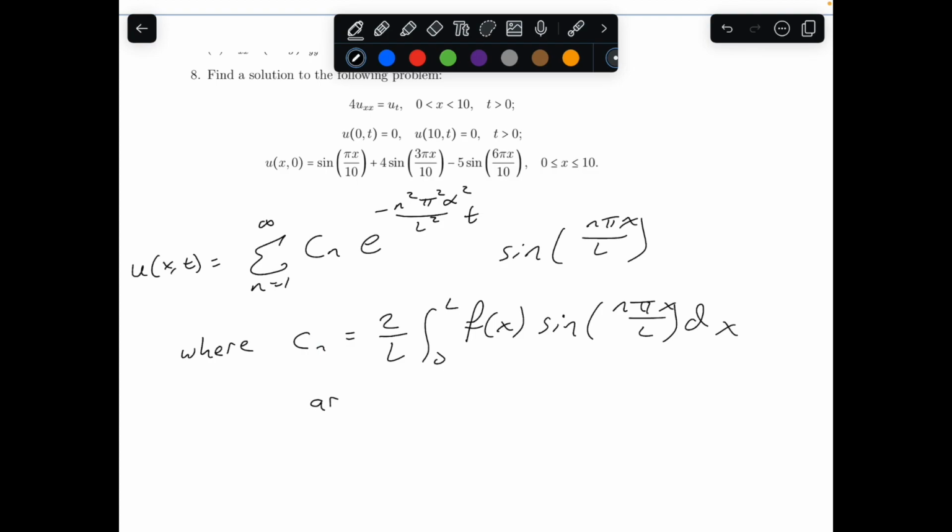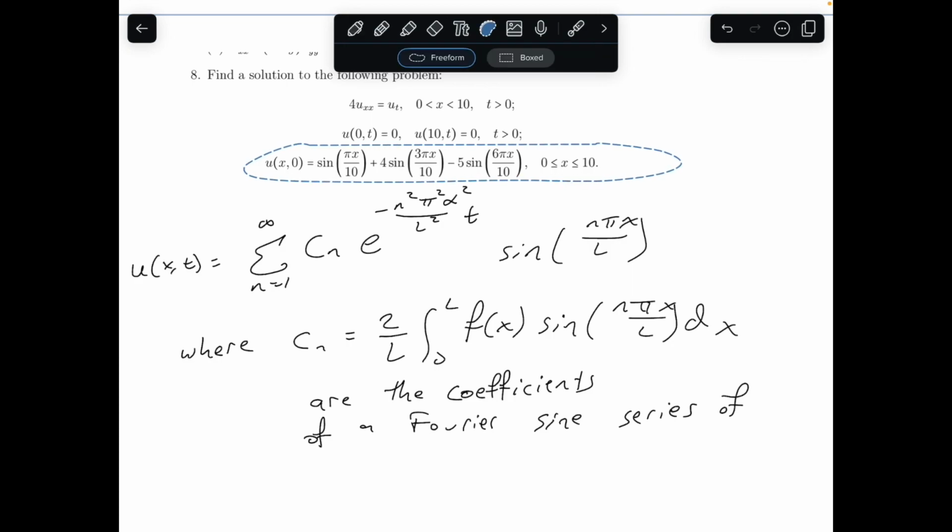What is important about them is what this formula is for. This formula is the formula for the coefficients of a Fourier sine series of this function up here.